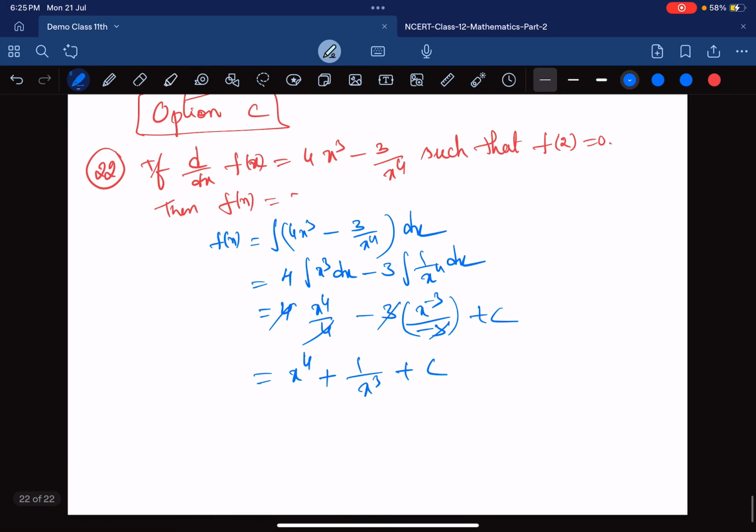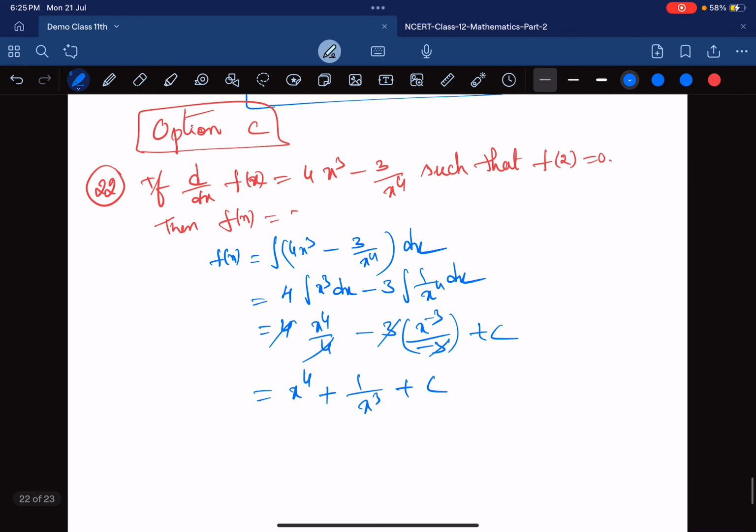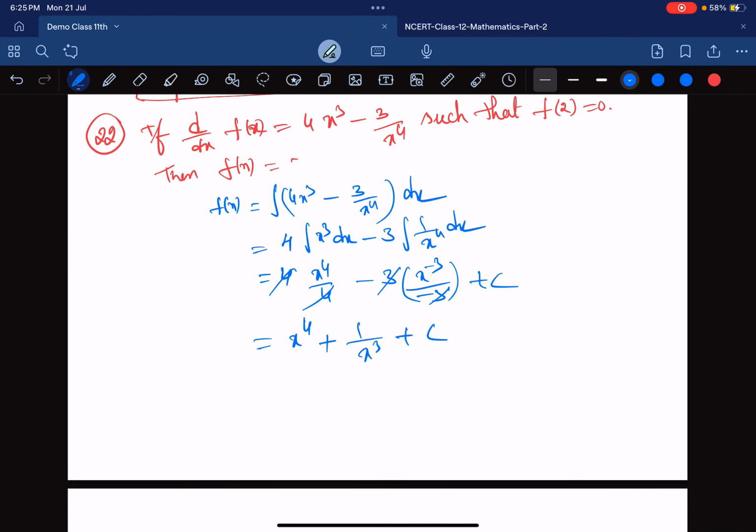And what is given here? f of 2 is equal to 0 is given. So this is f of x now. f of 2 is equal to 0 means we will get the c value. So 2 power 4 plus 1 by 2 power 3 plus c is equal to 0.